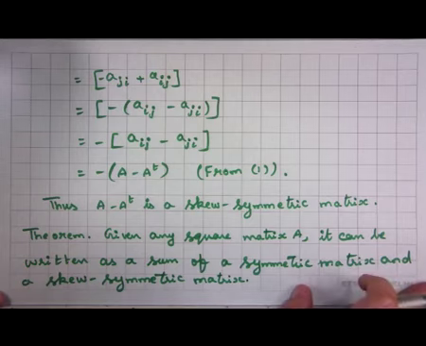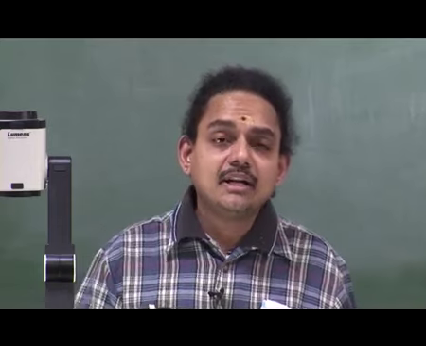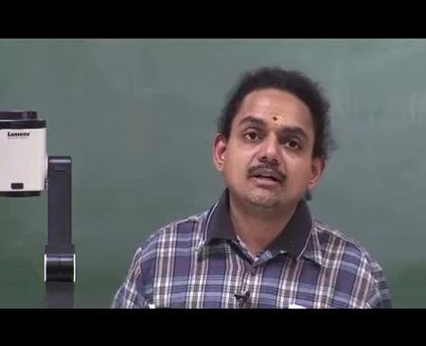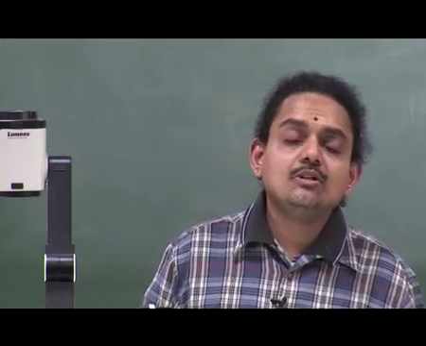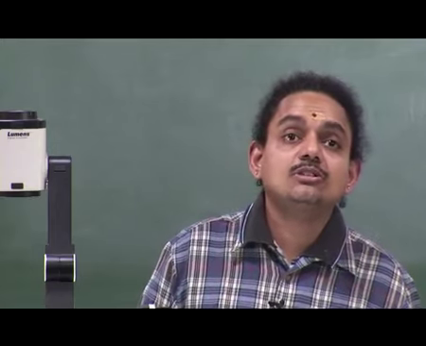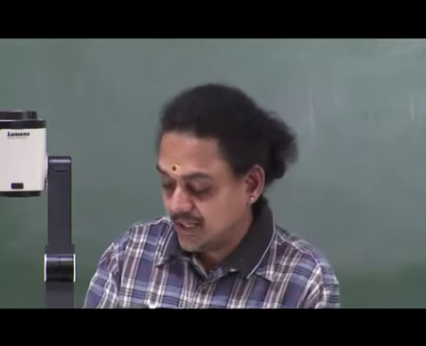So, given a square matrix, you can write it as a sum of a symmetric matrix and a skew symmetric matrix. The proof uses the fact that A plus A transpose is symmetric and A minus A transpose is skew symmetric.